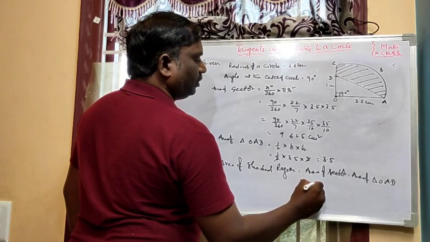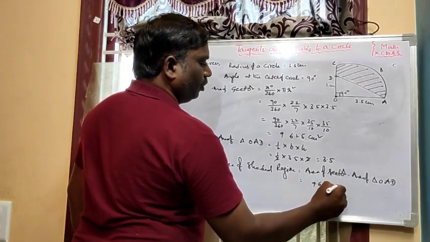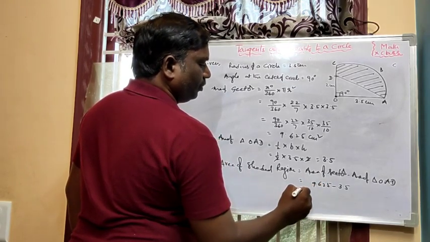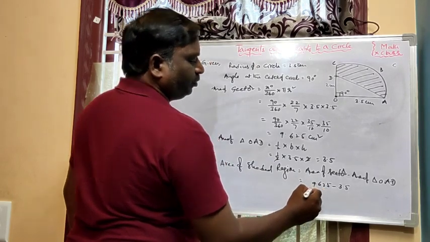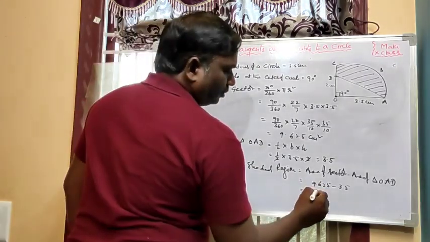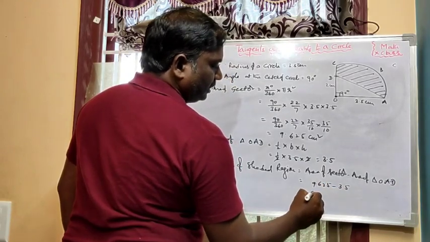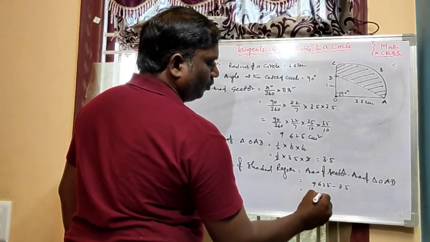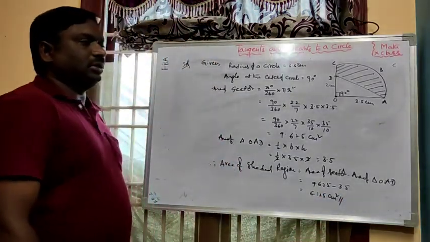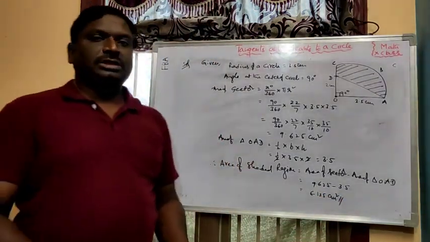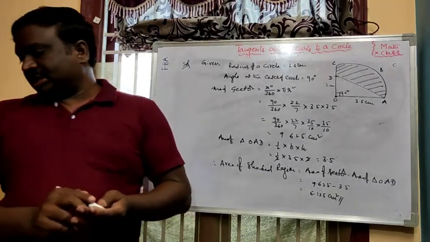Area of sector is 9.625 minus 3.5, that is 6.125 centimeter square. That is the question from your textbook.